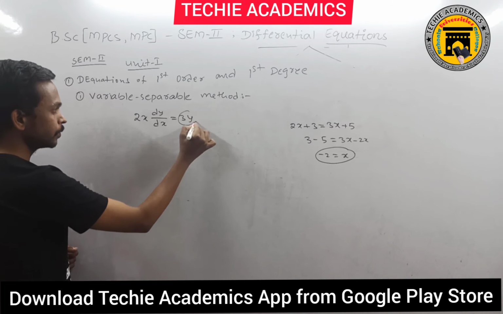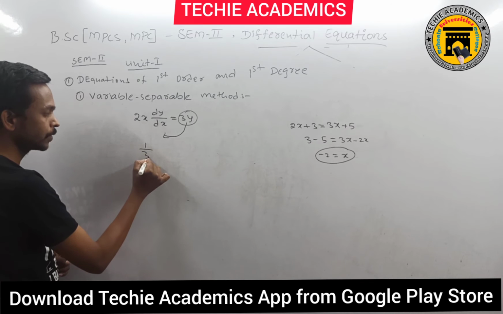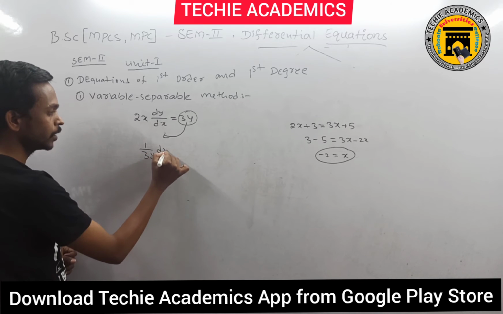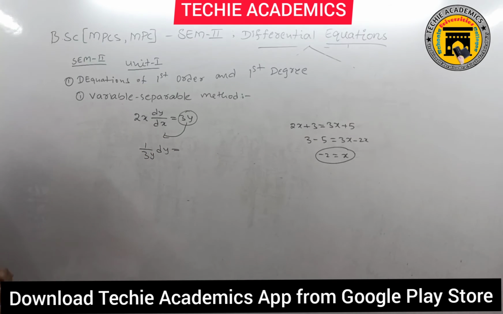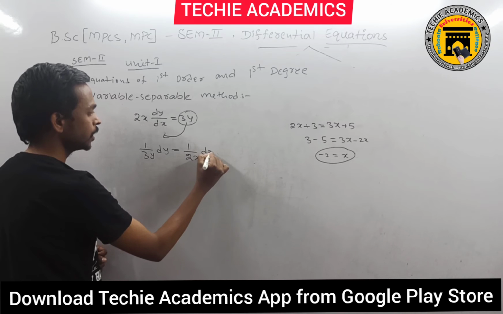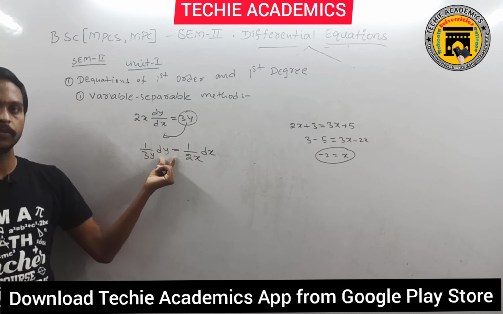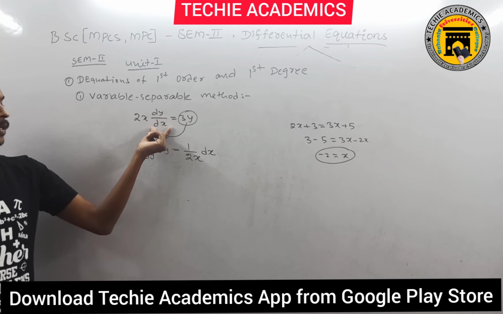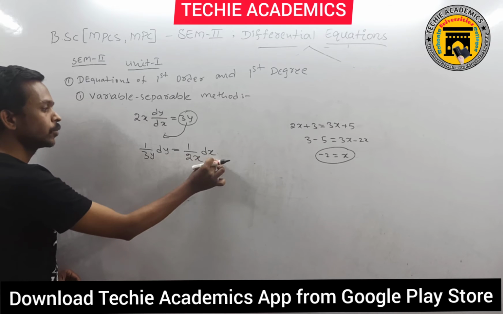Bring this 3y to this side, so it will be 1 by 3y into dy is equal to, bringing 2x and dx to that side, 1 by 2x into dx. Here dx and dy should be in the numerator. Dx should not be in the denominator and dy also should not be in the denominator.